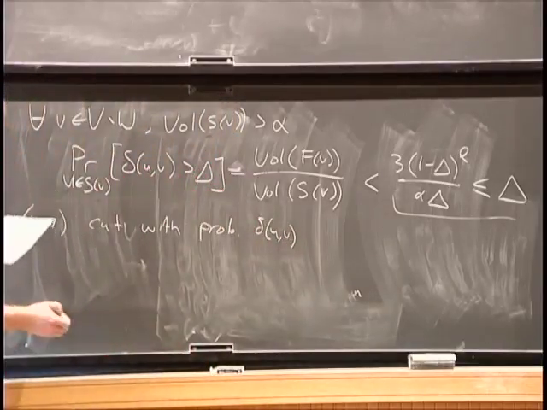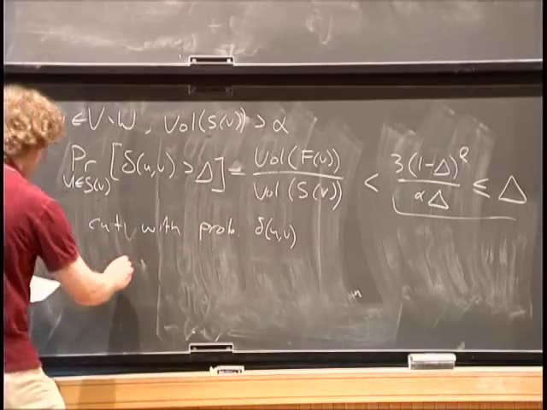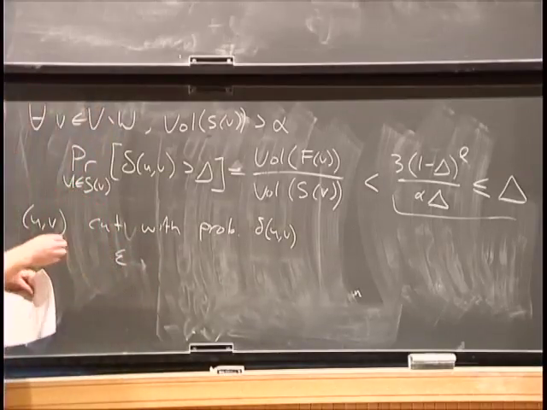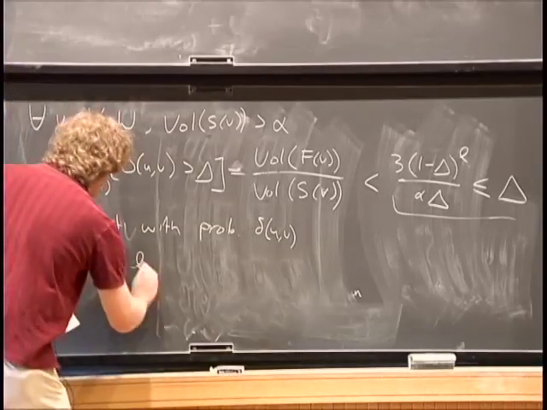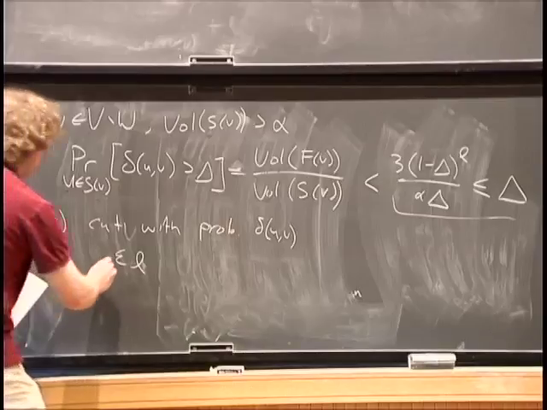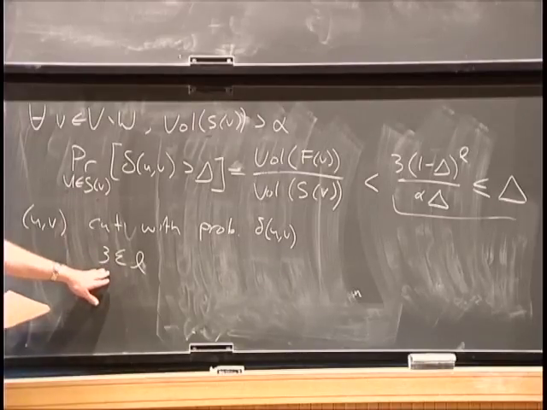So the expected fraction of cut edges each time is epsilon, and we cut L times, so we cut at most epsilon L edges. And then again, by another Markov's inequality, the probability that we cut more than 3 epsilon L is a third. So with probability at least a third, both this happens and this happens.